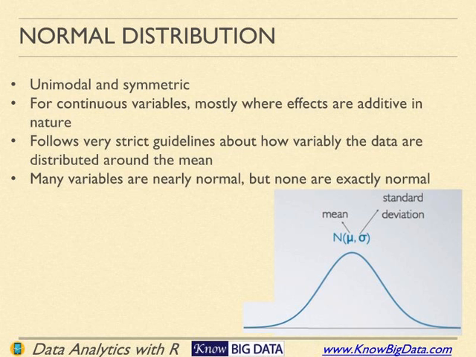So the total number of outcomes is 36, correct? First one 1, second one 1; first one 1, second one 2; and so on. The first one varies from 1 to 6, and the second one can also vary from 1 to 6.